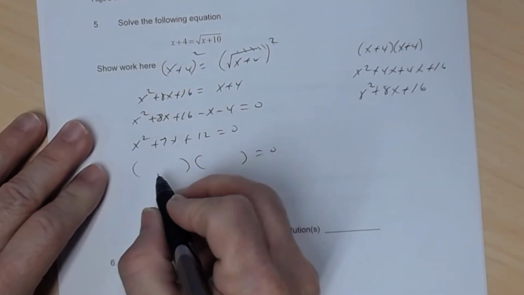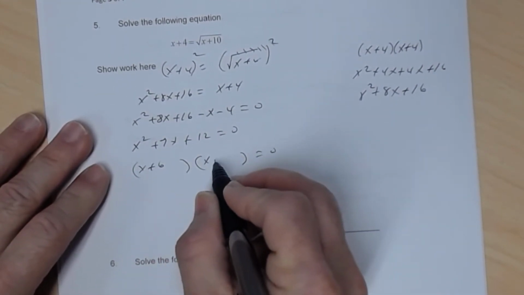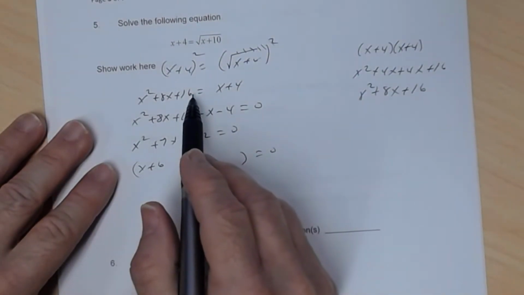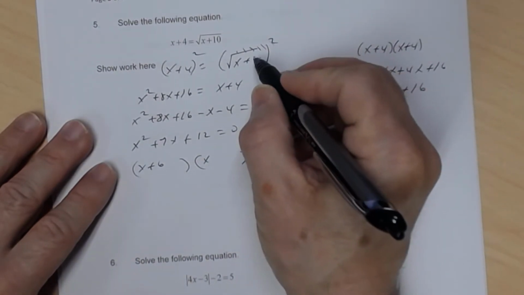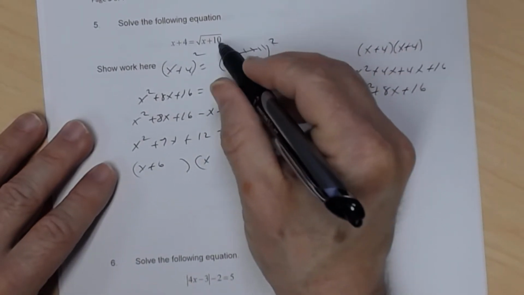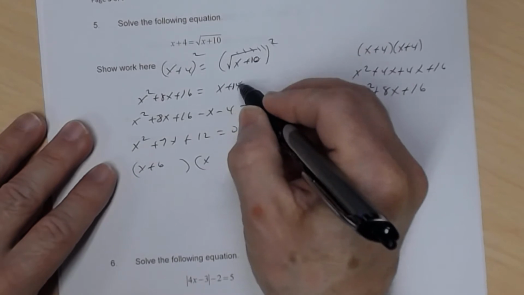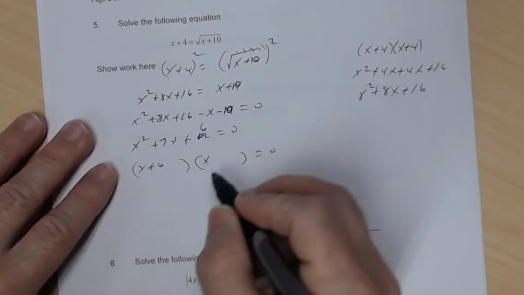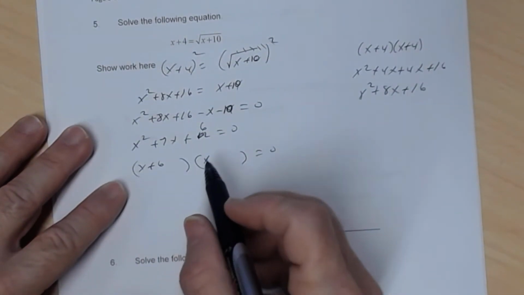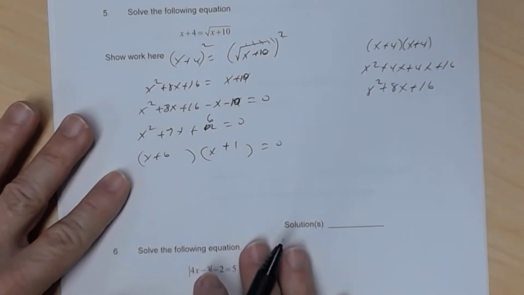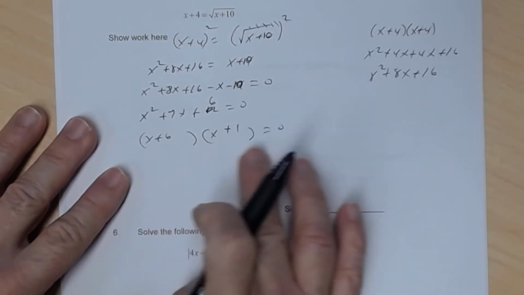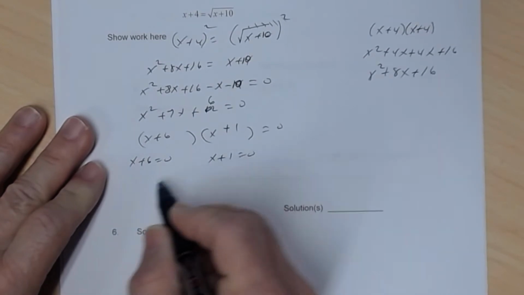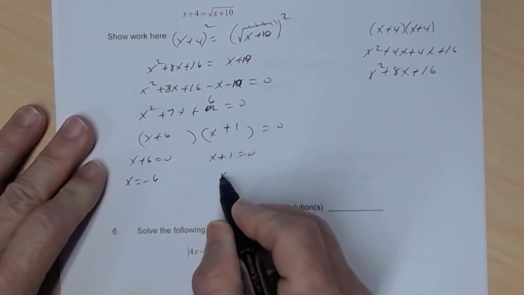Oops, sorry, let me make sure I did this right. 16 minus 4 should be 12, not 10. Alright, so I'm going to get x plus 3 times x plus 4... Correcting as spoken: I get x plus 6 times x plus 1 equals 0. Then using the zero factor property, I set each one equal to 0. And so when I do that, I get x to be negative 6 and x to be negative 1.